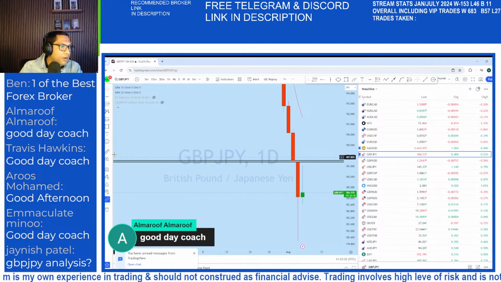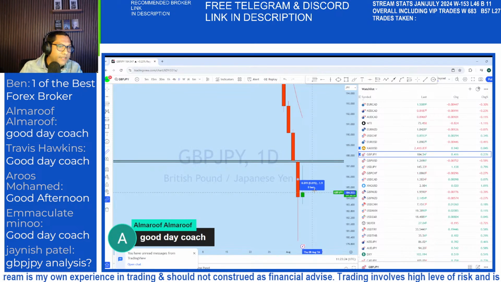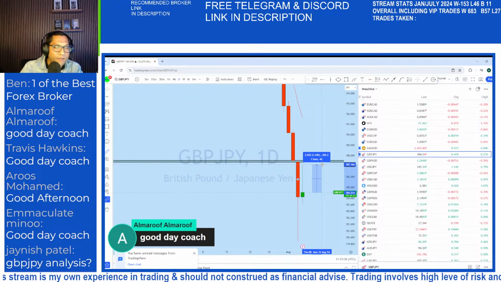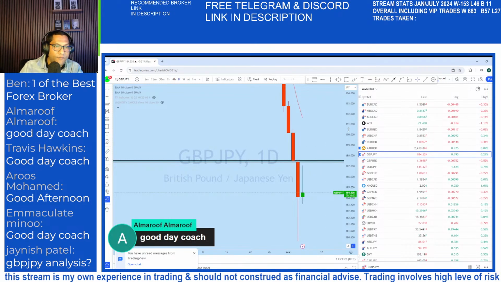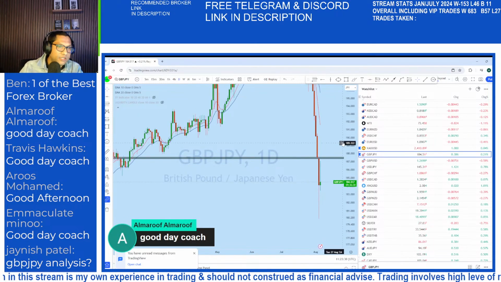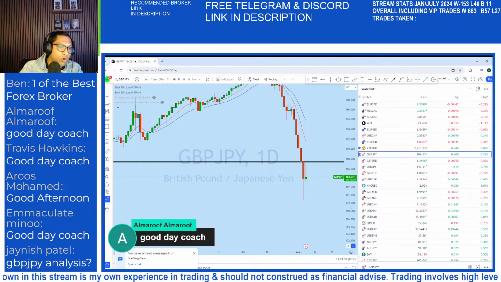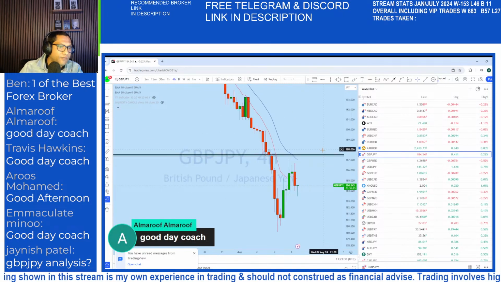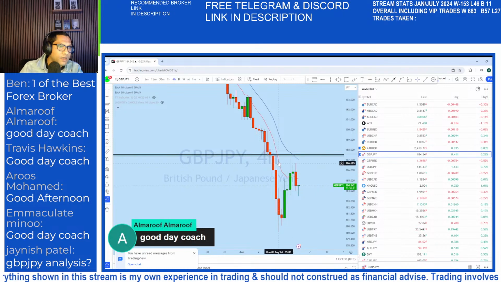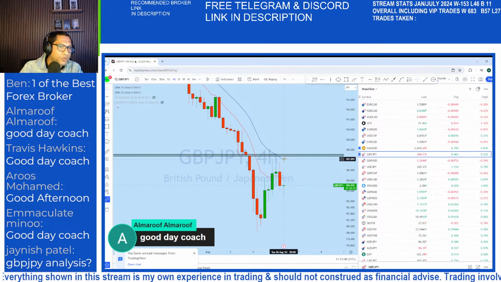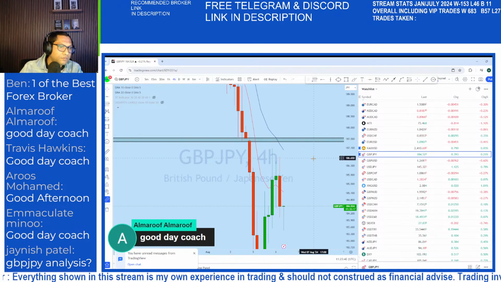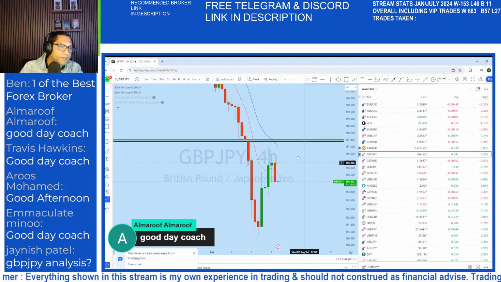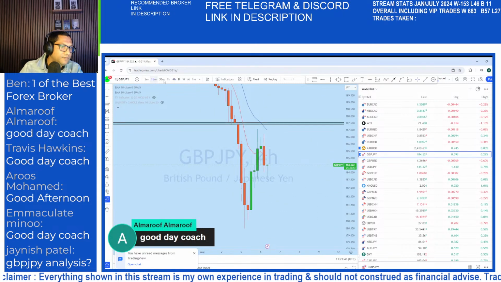So I think that we might see GJ bouncing back up. This market is currently very volatile. As you can see, it's a pretty strongly volatile market, and because it's so volatile, if it goes up to that level, it might give us further entry.